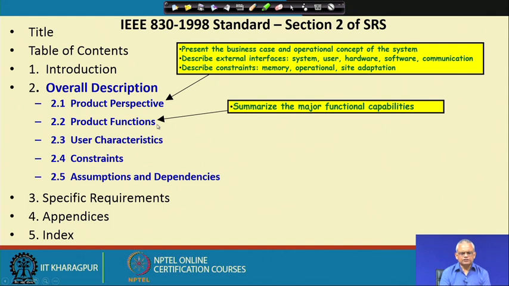The product functions, this is not really the functional requirement specification, but a brief overview or a summary of the functional capabilities.